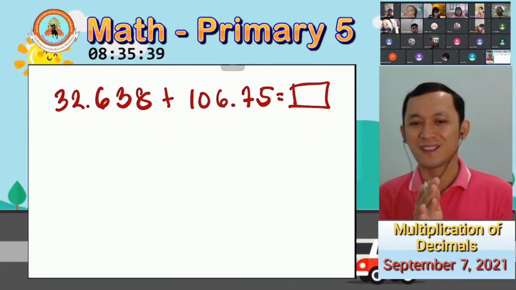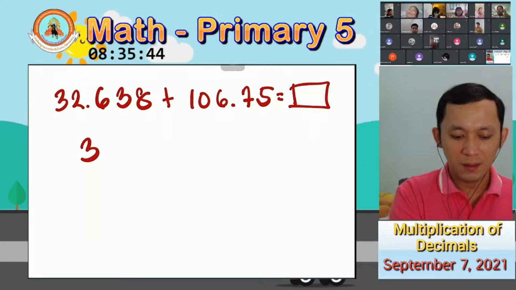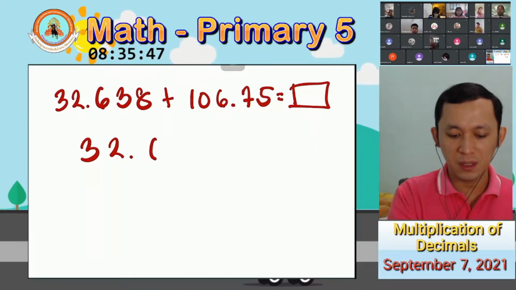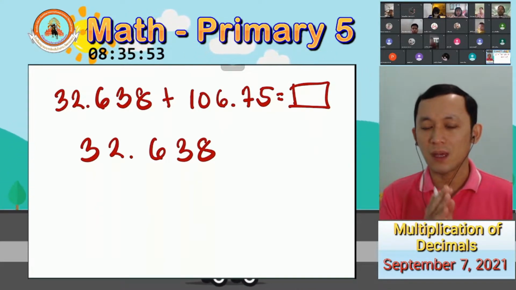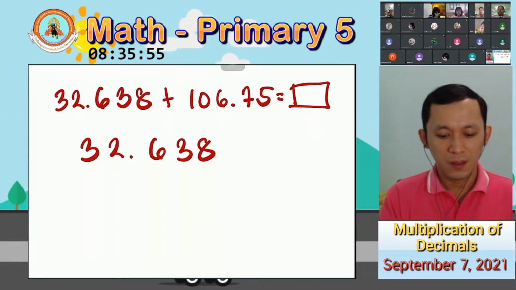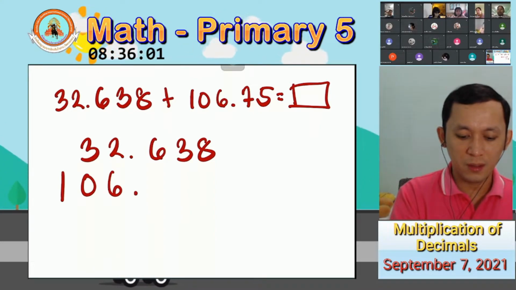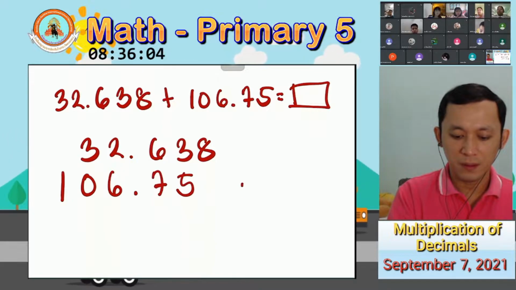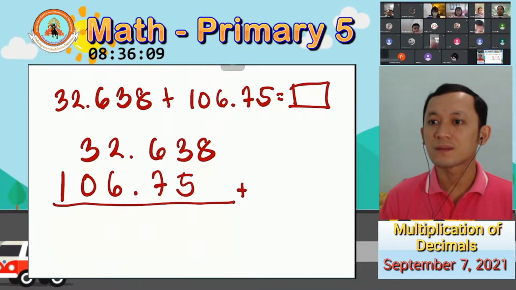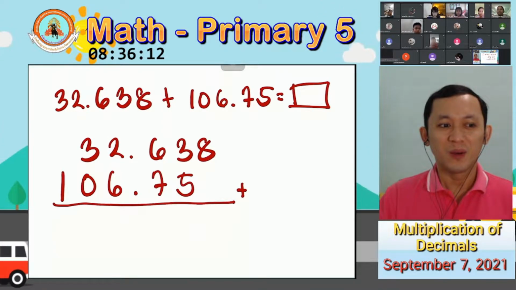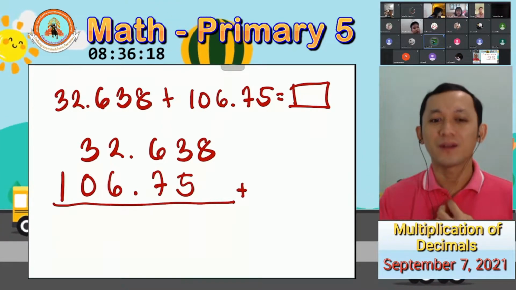So we write 32.638, and we make sure that our place values and our decimal points are aligned. So we write this like this, 106.75. Is this correct? Yes or no? Yes. Okay, very good.